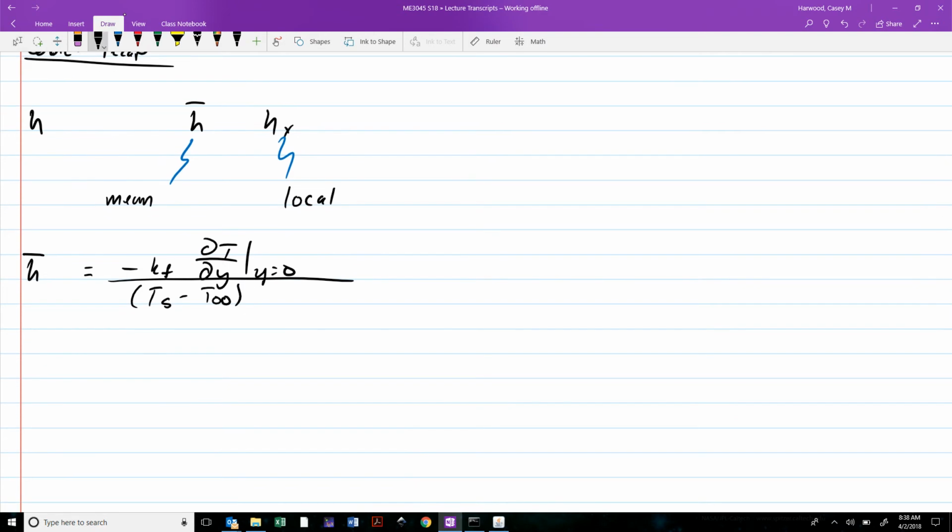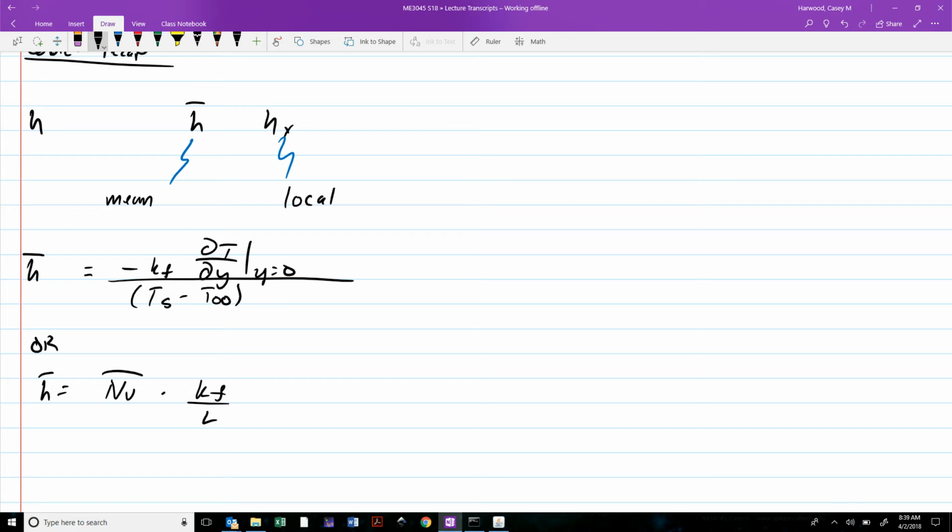Or, if you happen to know the mean Nusselt number, you could define it instead as h bar equals that mean Nusselt number times k_f over the length over which that mean is occurring.